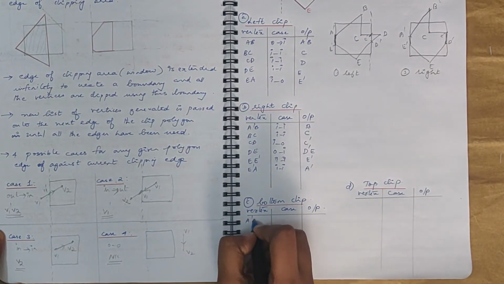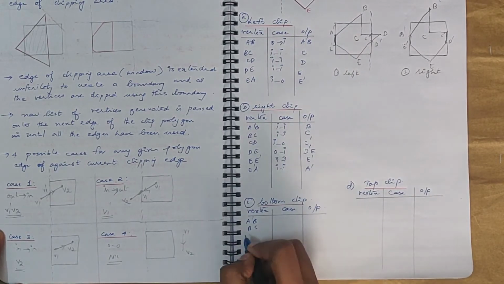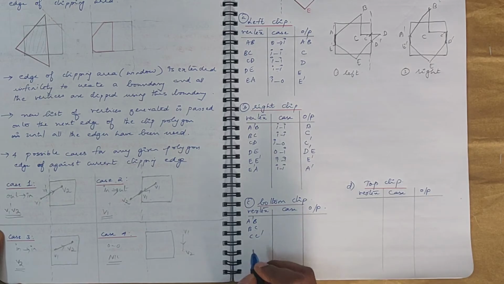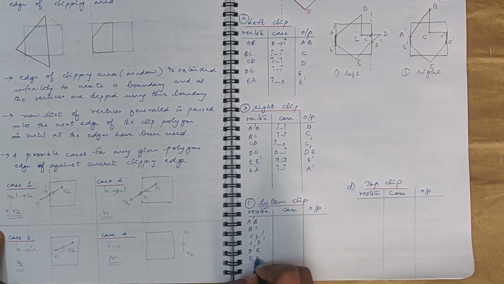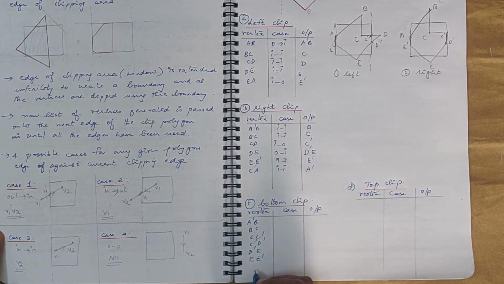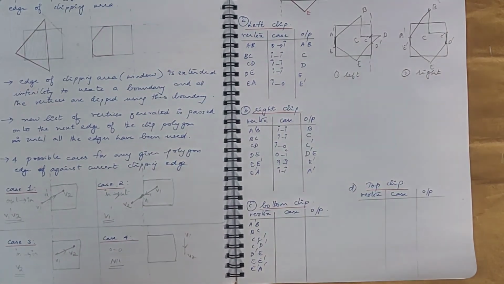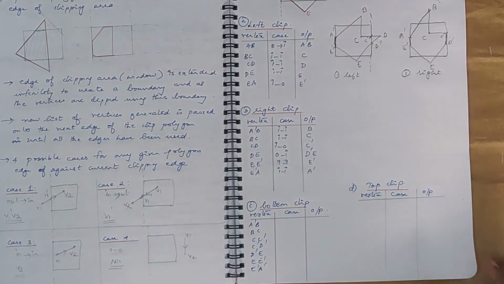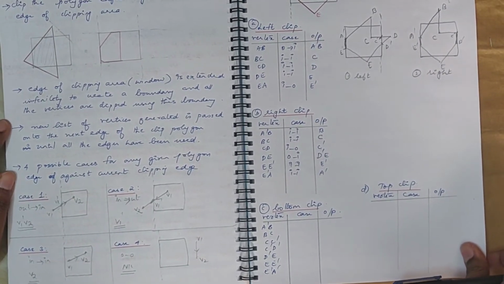So you have A dash B, BC, right? Then you have C dash. Then you have C dash, D dash. Then you have D dash E. Then E dash. And then E dash, A dash. I hope it's visible for you. Okay. So this is the polygon and these are the cases now.